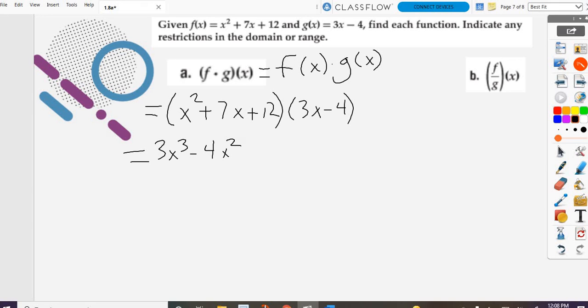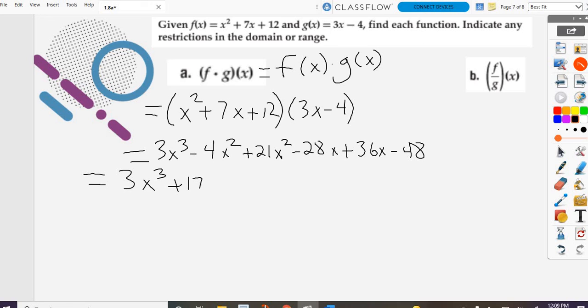So then I get negative 4x squared plus 21x squared minus 28x plus 36x minus 48. This time though we do have like terms that we need to combine. So we have a negative 4x squared and a 21x squared, which is going to give us a positive 17x squared.